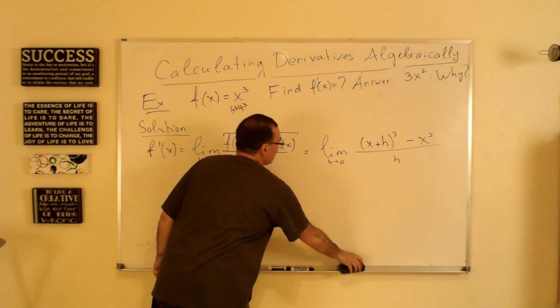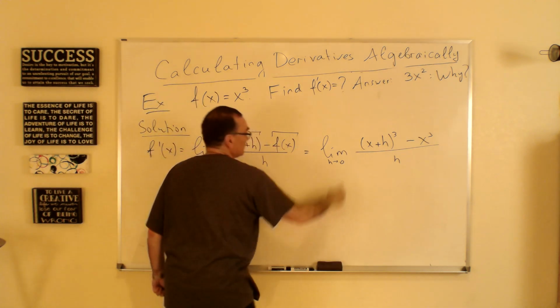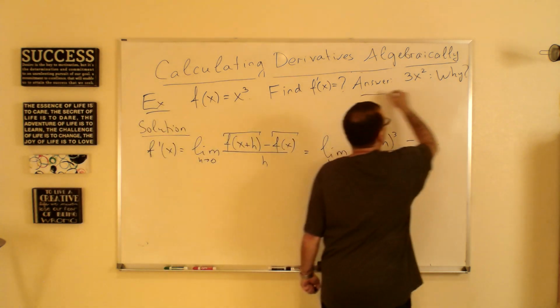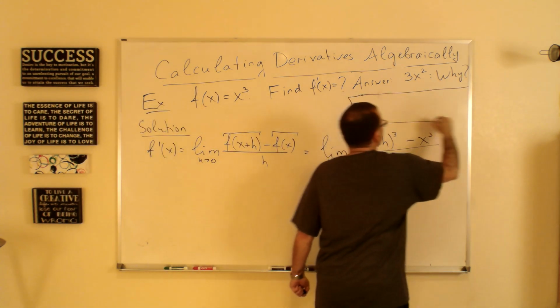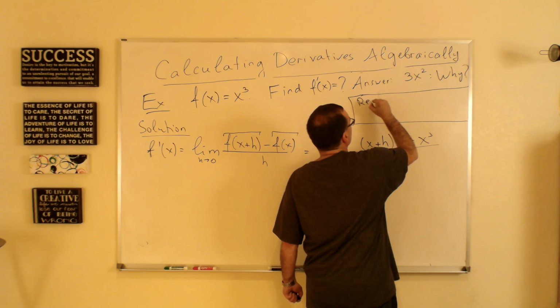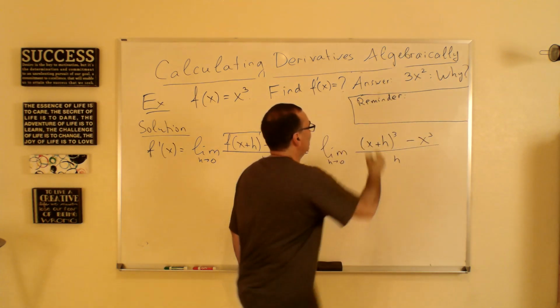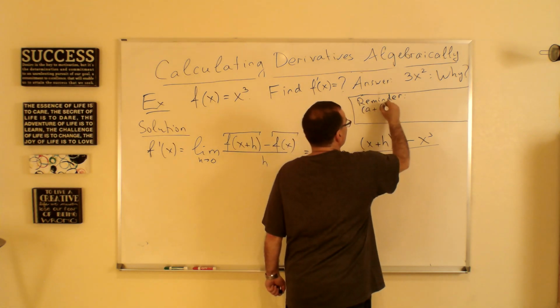And now we need to expand it all. We need to expand specifically x plus h cubed. And for that there is a special formula from algebra that you may have studied in algebra class, a plus b cubed.